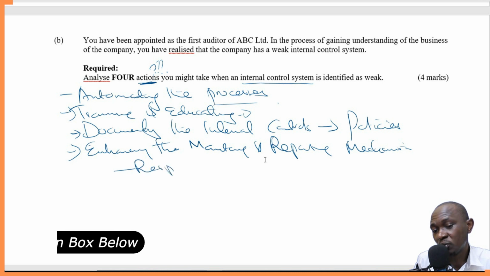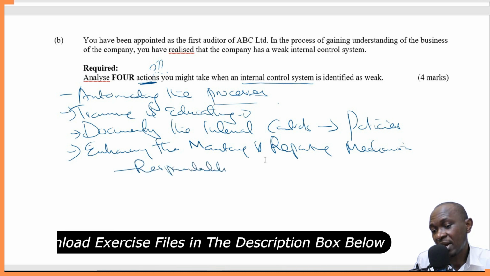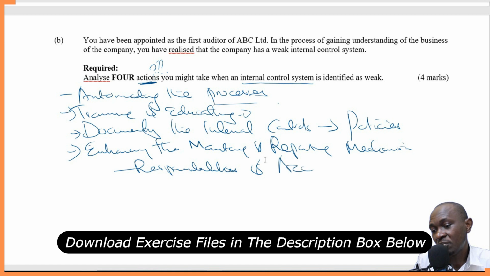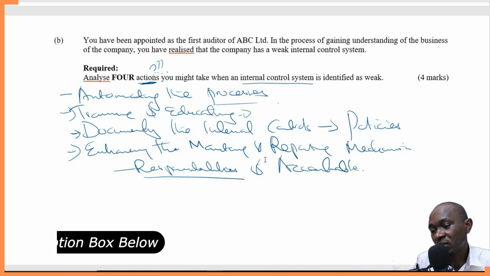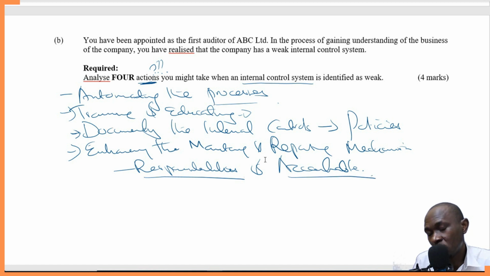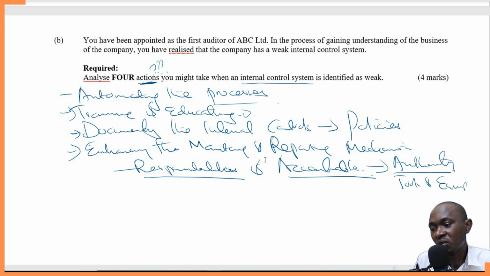This is about responsibilities and accountabilities. Can we make sure that everybody understands his roles and is accountable? And this goes with authority, the necessary tools and equipment, or the powers. Can we give the responsible people the necessary tools, equipment, and power to do the job, tools of work that they need to do the job?